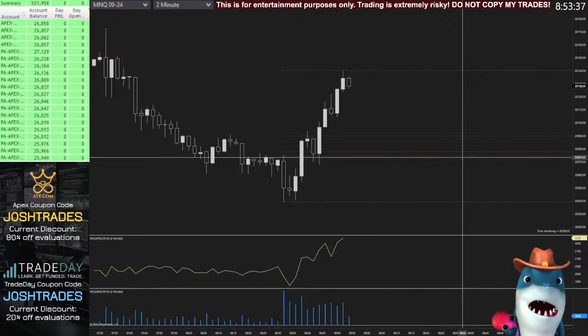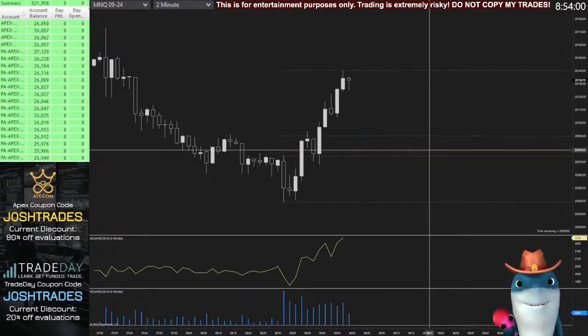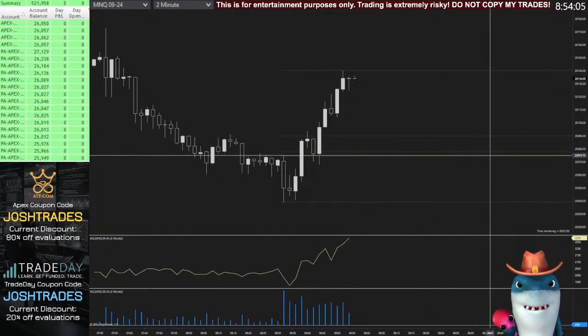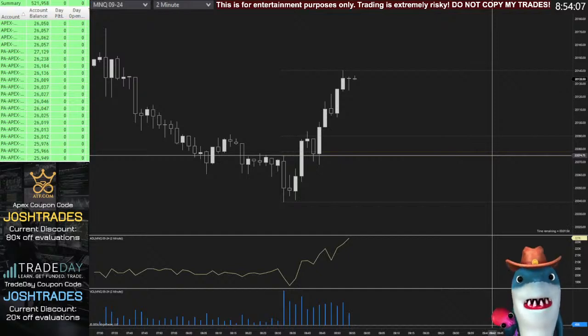Could be due to institutional math-based algorithms. Could be due to just confirmation bias. But I found that the fib levels I have observed that tend to work the most are the 0.5, which is 50% of the retracement, or the golden pocket, which, like I said, is around 62%.